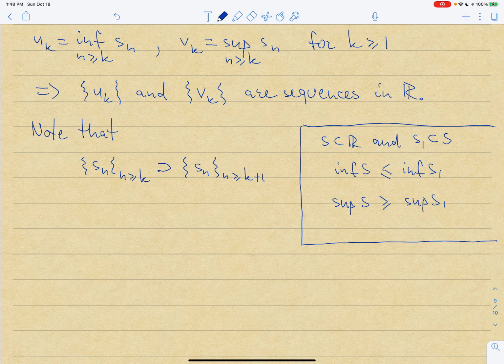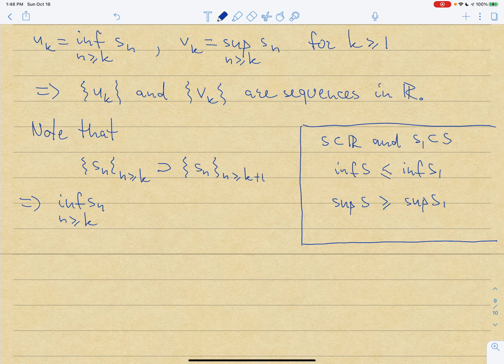And as a result, we can conclude from the result that I just mentioned that the infimum of Sn, n greater or equal than k, must be, so the infimum of a larger set must be smaller, less or equal, than the infimum of Sn. Okay, let's see, that's the opposite actually. n greater or equal than k is going to be the larger set.